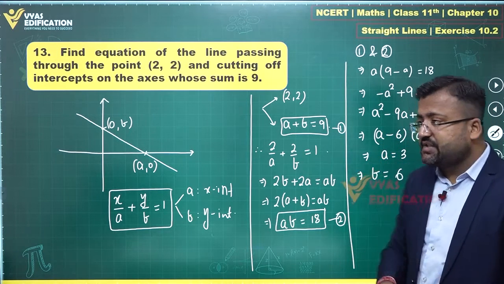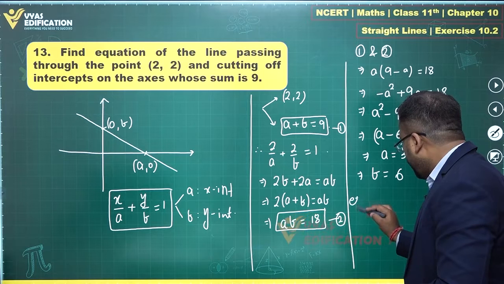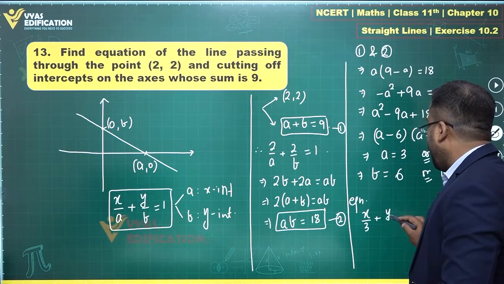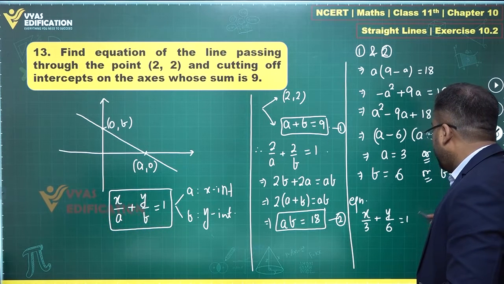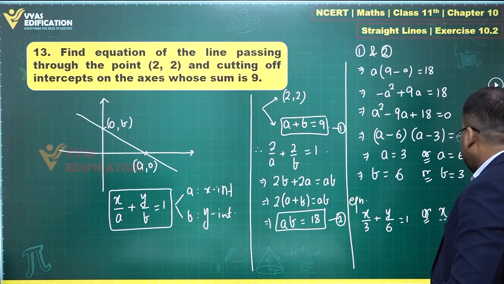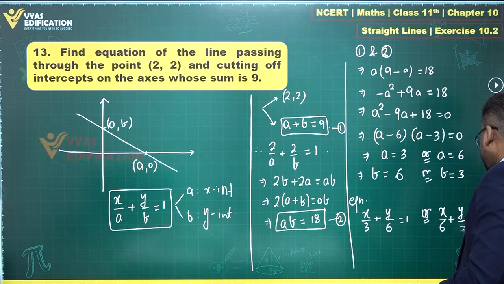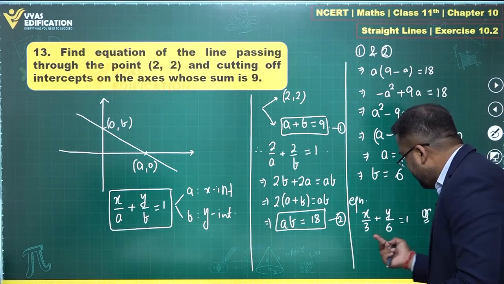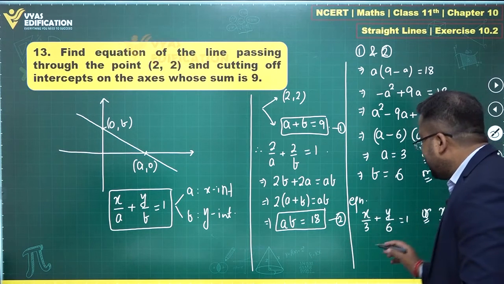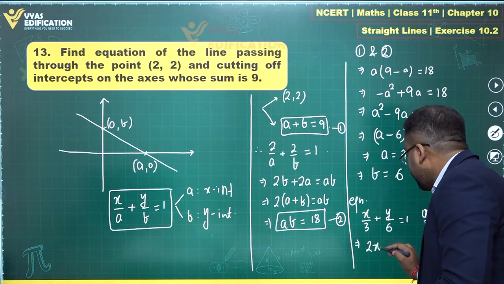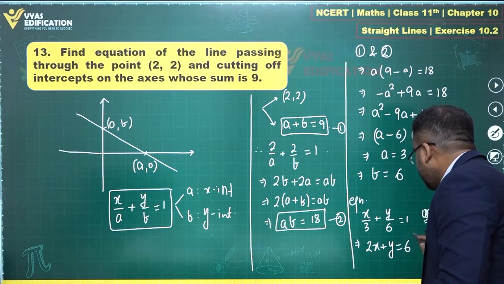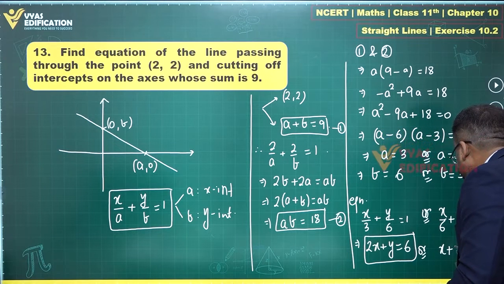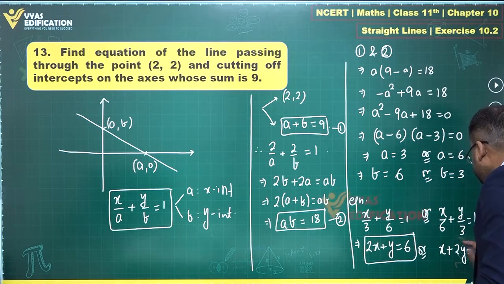And this further tells me that the equation of the line will be x by 3 plus y by 6 is equal to 1, or x by 6 plus y by 3 is equal to 1. Can I take the LCM? Yes, the LCM will be 6, so let's multiply by 6 throughout. This tells me 2x plus y is equal to 6, or x plus 2y is equal to 6.